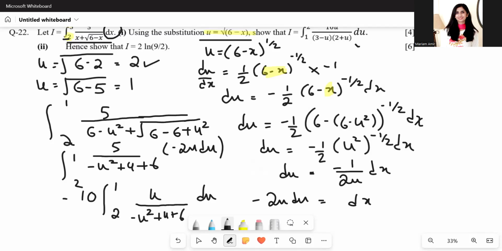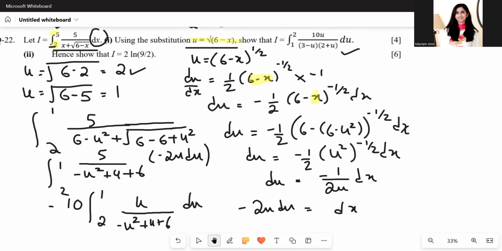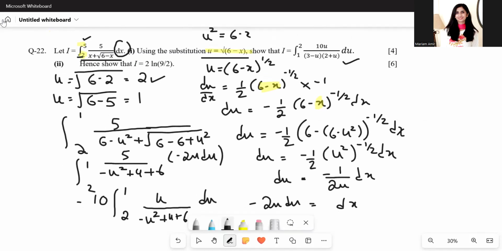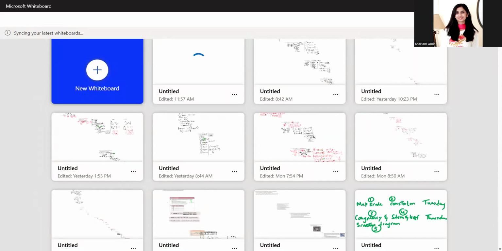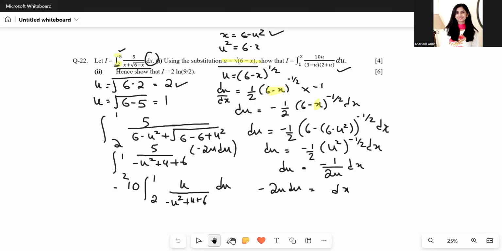And we're supposed to show this. So that means, sorry, 10 stays inside. So I'm going to keep 10 inside. So a negative outside and 10 inside. All right.